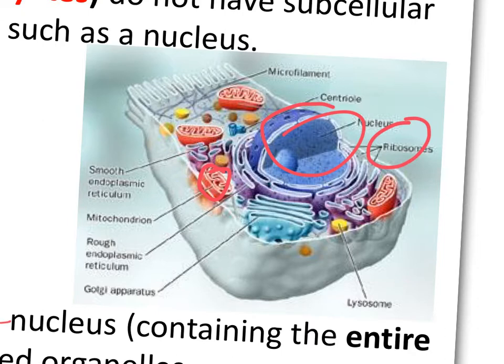Now, it turns out that mitochondria were originally a type of bacteria. You wonder, well, how did it get in there? Well, it's thought that either a eukaryotic cell engulfed the bacteria or the bacteria was kind of like a parasite. And then over many billions of years, they became obligate.